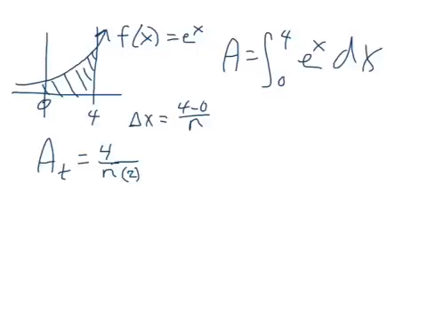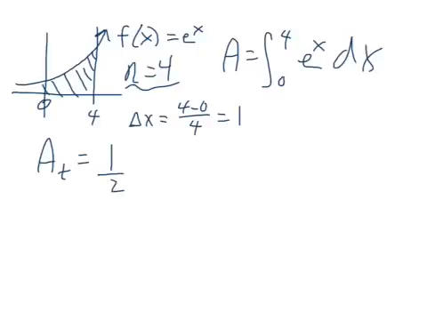Oh, I should have told you, let's break this into 4 regions. So we don't need an n. We can now put 4 down there. And I picked some nice numbers, as you can see, because this just becomes 1. So delta x is 1, and then it's also over 2.